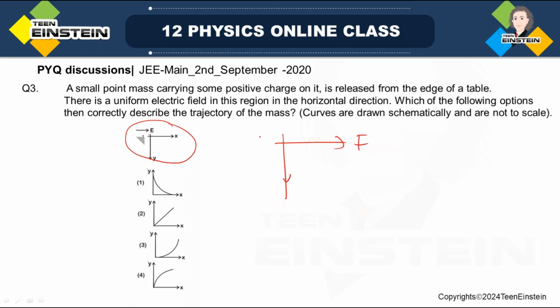And there will be another force acting on the object if it is a freely falling object, that is gravity. So mg is acting this way on the particle. What will be the trajectory?